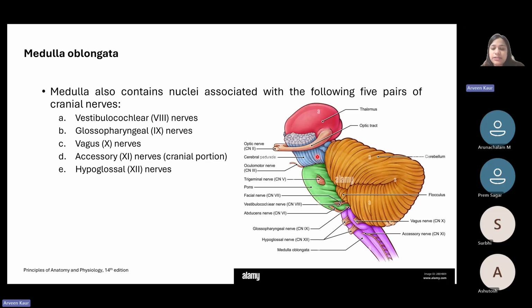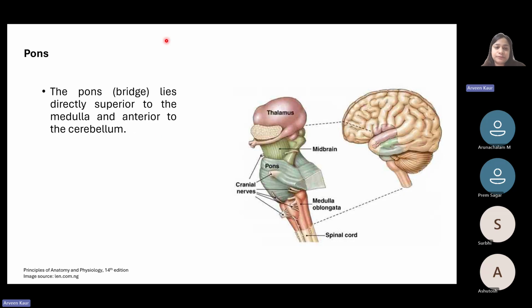You can also see that the other nerves, where are their nuclei located? So for these nerves, the nuclei are located in the medulla oblongata itself. Then we come to pons. So this region is the pons. The pons, which is the bridge, lies directly superior to the medulla and anterior to the cerebellum.